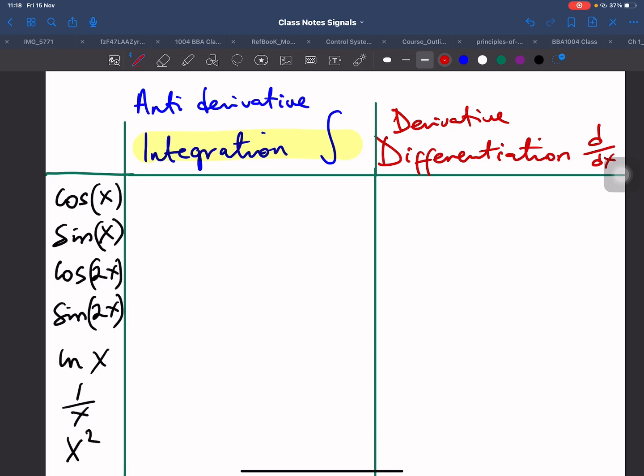For instance, the cos function. Whenever you see cos, the integration is always sine. If you integrate cos, you get sine. So the integral of cos x is sine x. Then if you differentiate cos, you get minus sine.